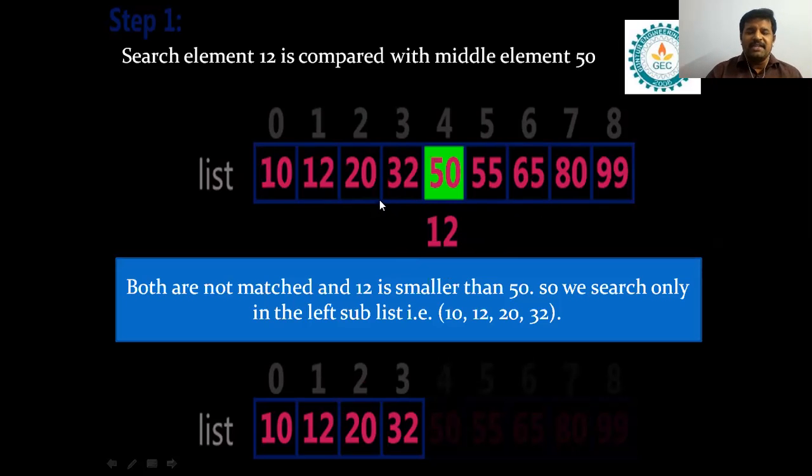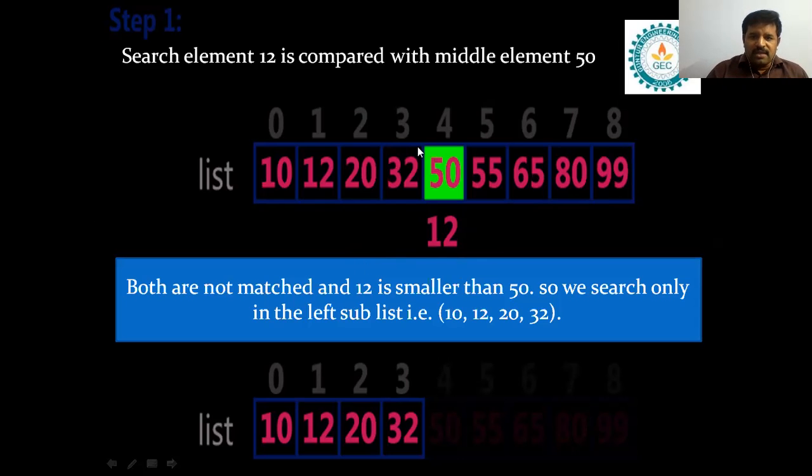One thing we have to ensure: before finding out the middle value and comparing, all the elements in the list should be in ascending order only. Right?